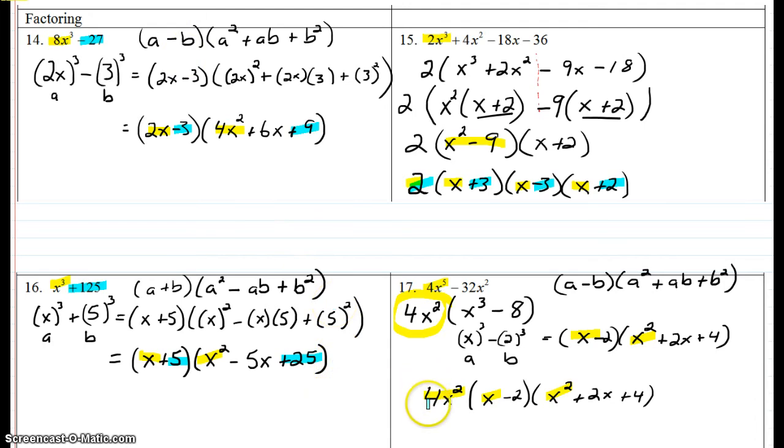Now the last. 4x squared times negative 2 is negative 8x squared. Negative 8x squared times the last 4 gives us negative 32x squared. Now that's not a complete check, but it's just a quick check to see if you're right. If you finish early, then you could actually come back and multiply everything out.